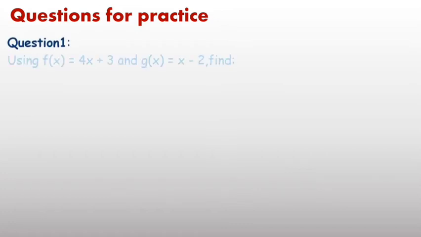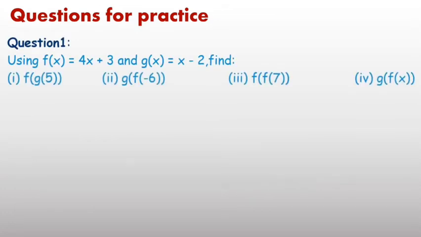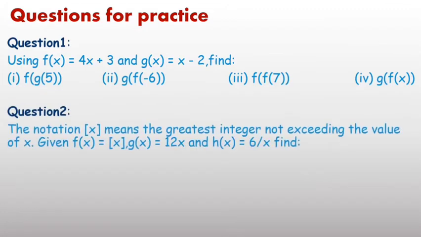Some questions for practice. f(x) and g(x) are given. Find the value of f of g(5), g of f(minus 6), f of f(7) and g of f(x). Second question, for the greatest integer function you have to find f(x), g(x) and h(x) given.